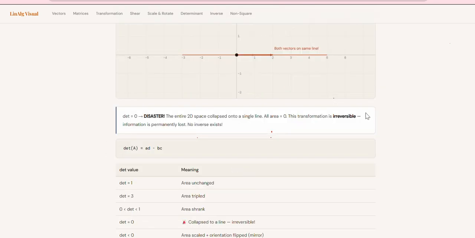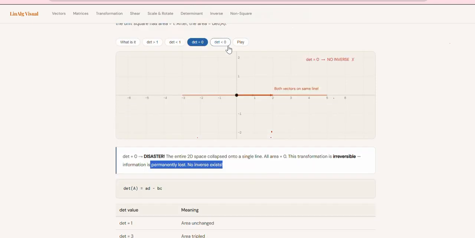And this transformation is irreversible, and it's very simple when we have the determinant 0. That's why we do not have any inverse for a non-square matrix.